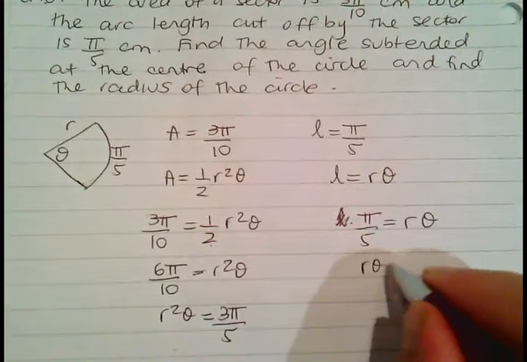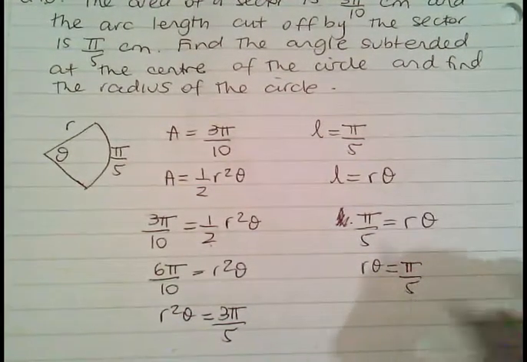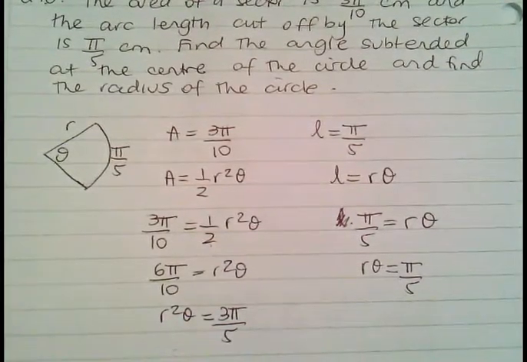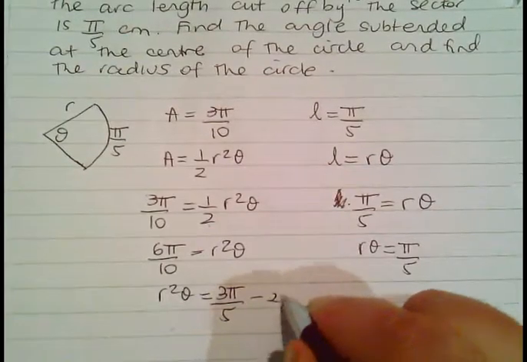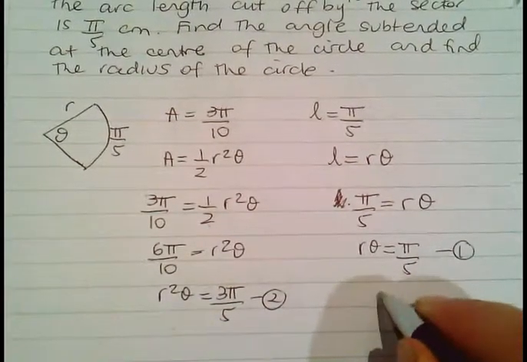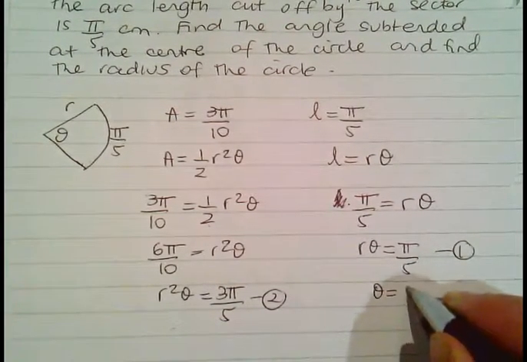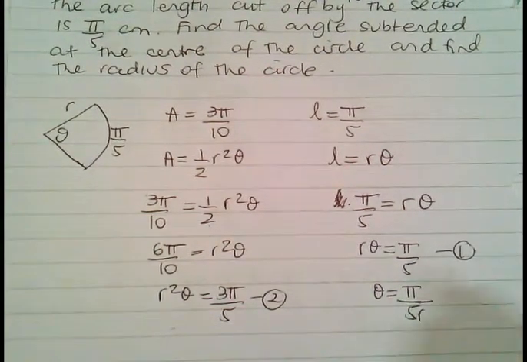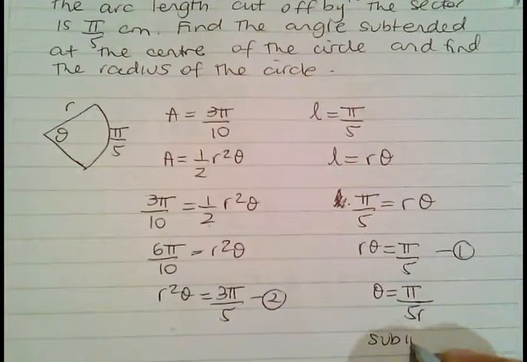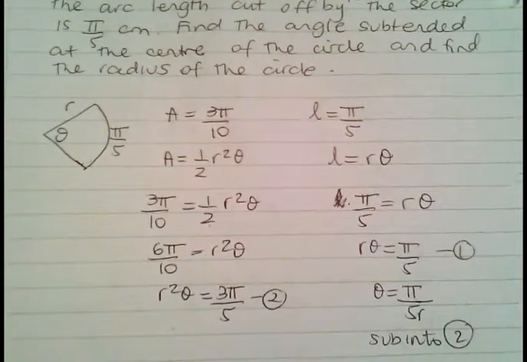And here I've got that r theta is pi on 5. So it's like I'm solving simultaneous equations. I'm going to go equation 2, equation 1. I want to rearrange this one. I'm going to make theta the subject. So theta is pi over 5r.